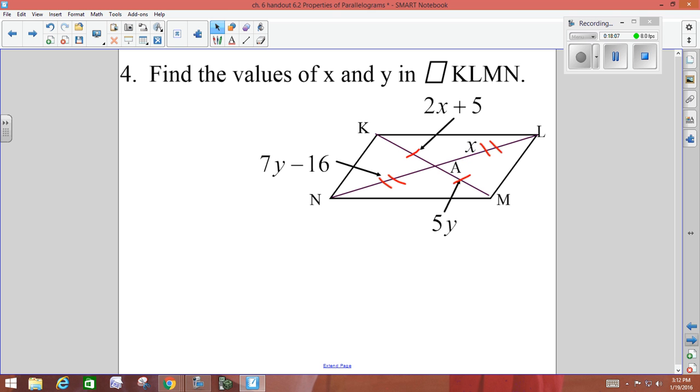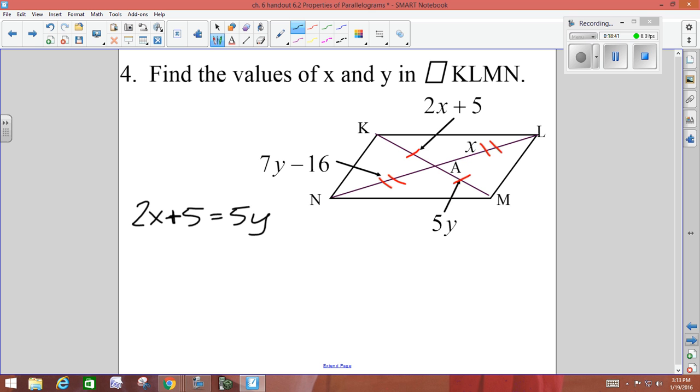So if KA, 2x plus 5, is congruent to AM, 5y, then I just set them equal to each other, right? That's not going to work. So you just set the ones that have x's equal to each other instead. Well, are the ones that have x's congruent?